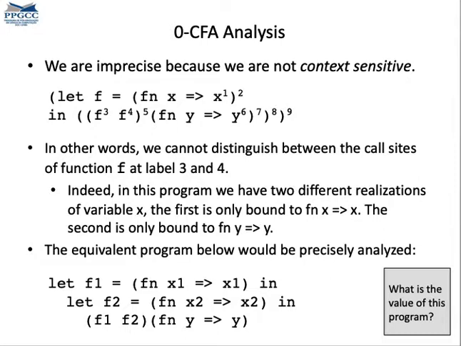In this case, we would have that f2 can be at x1 and that fn y is y can be at x2, which would be the result of the entire program. Anyways, the algorithm that we shall introduce now will not really do this kind of renaming, so we will have to live with imprecision.